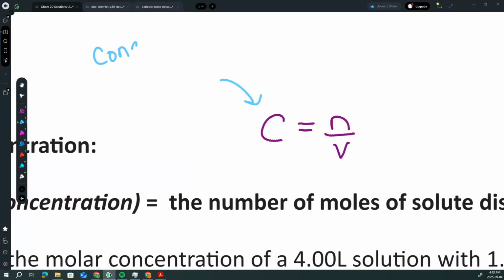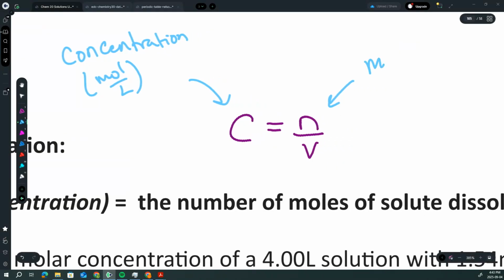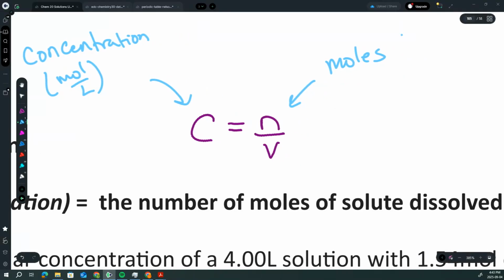So C is for concentration. It's going to be in moles per liter. n is moles, which is in the units moles. Sometimes I spell it as this just to get it down quickly. And then volume, V for volume, that's going to be in liters.